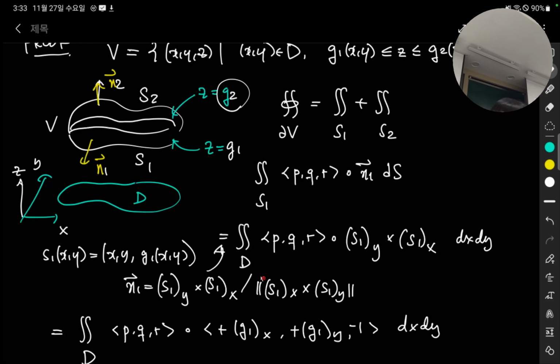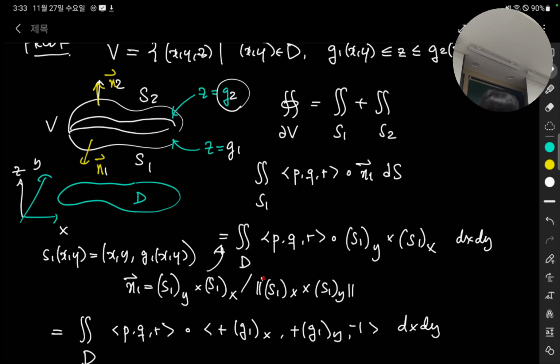So what I should have done, instead of putting PQR in the first place, is split my PQR into a sum of P00, 0Q0, and 00R, and show that the divergence theorem works for 00R in this case.